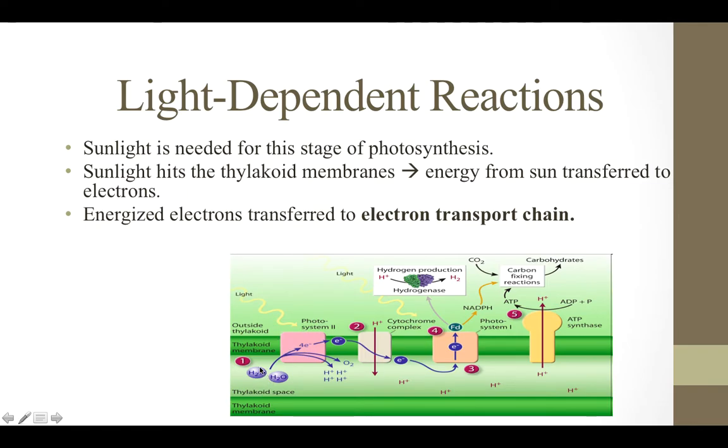The thylakoid space takes H2O and removes protons and oxygen and electrons, and the electrons use the cytochrome complex, which in turn uses an electron to make NADPH, which is a different molecule from NADH, and then photosystem 1, and then there's carbon fixing reactions, and ATP is used with that proton gradient.